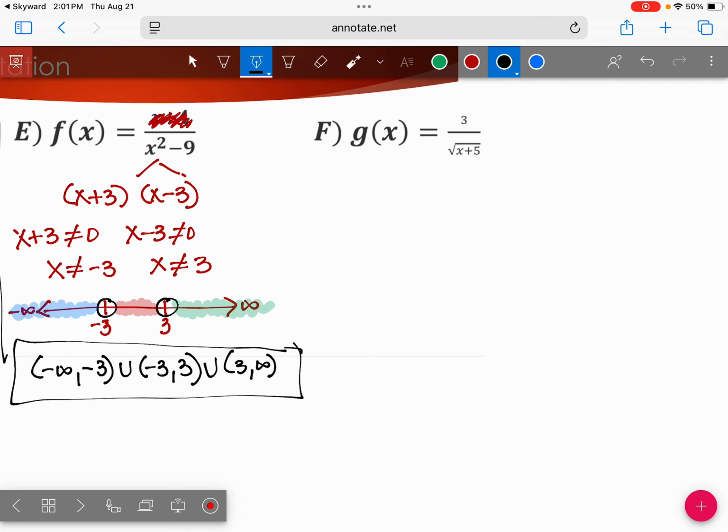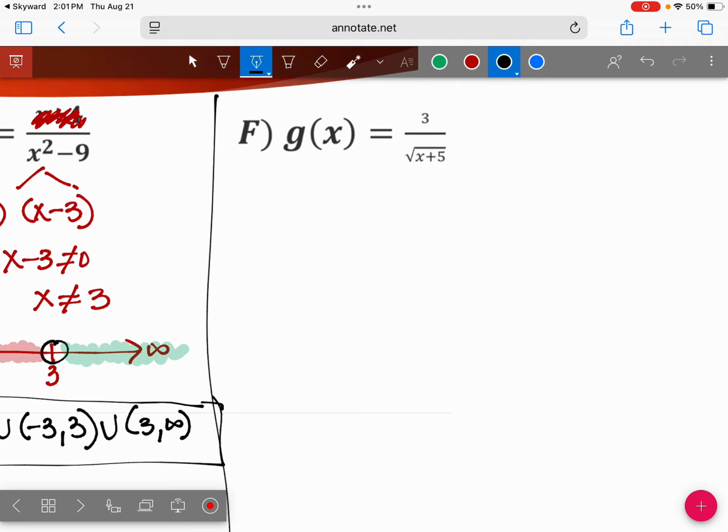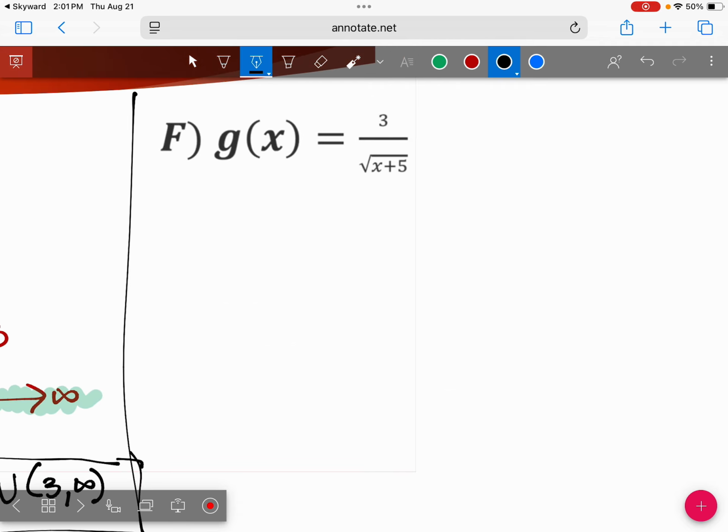Okay, so this is like a double whammy because we have an x in the bottom and it's under a square root. So we took both of the red lights and put them together. So we're crossing out the 30. We don't care about that. It has nothing to do with the domain.